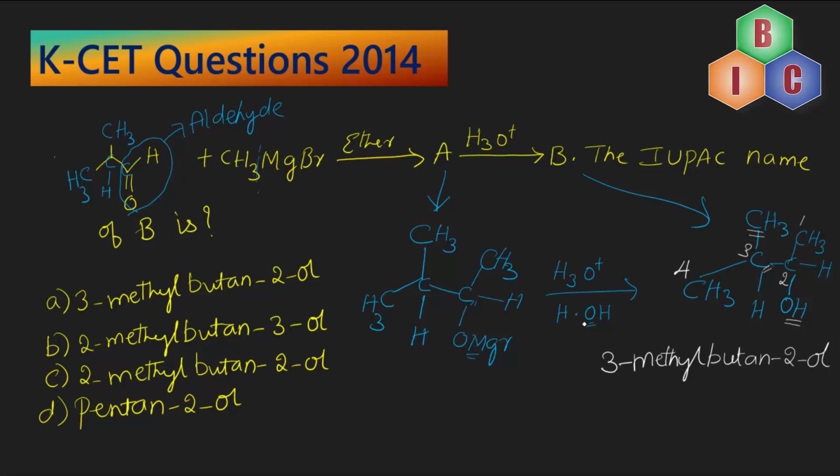So here upon acid hydrolysis, you get this product, and the answer is going to be option A, because all others are having different locants. Though for butanol, the 2 locant is correct in option C, but for methyl, the locant 2 is not correct. Okay, hope you understood this.